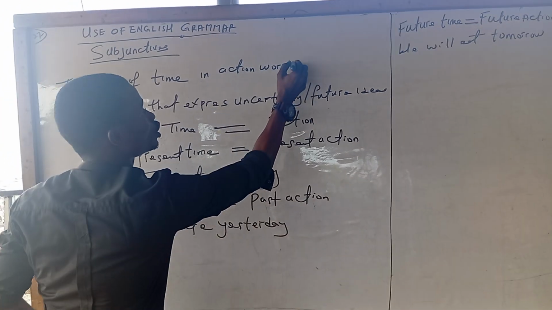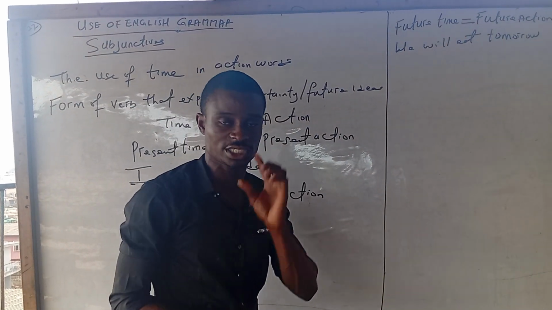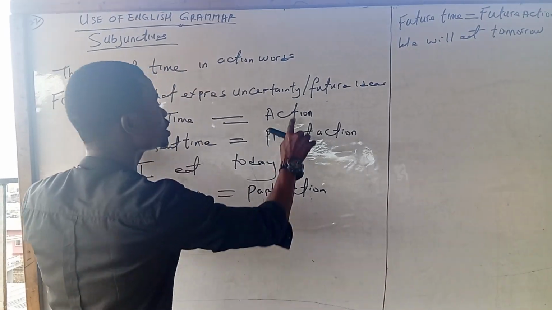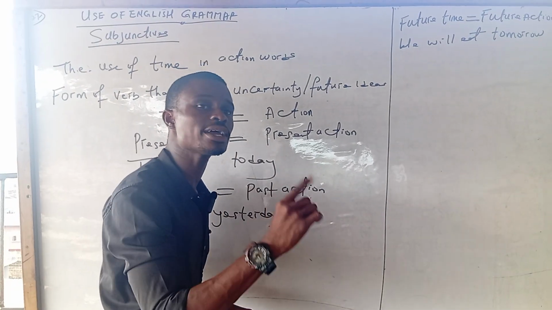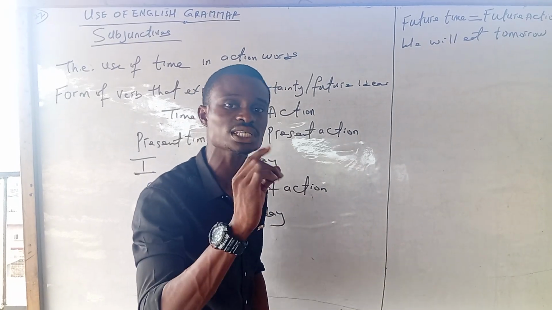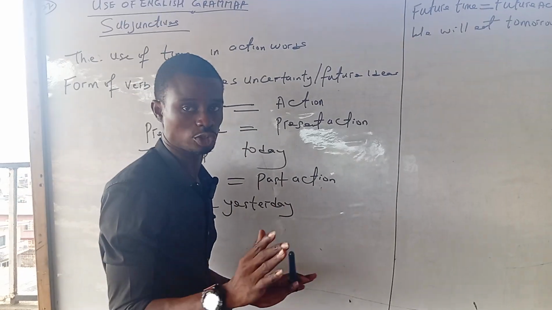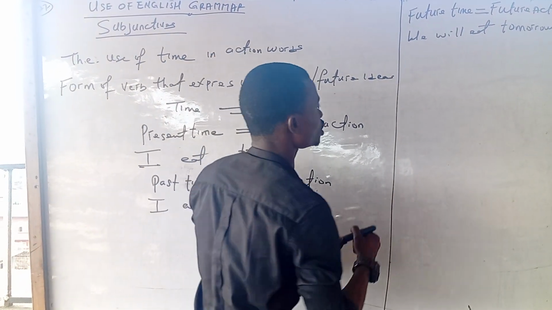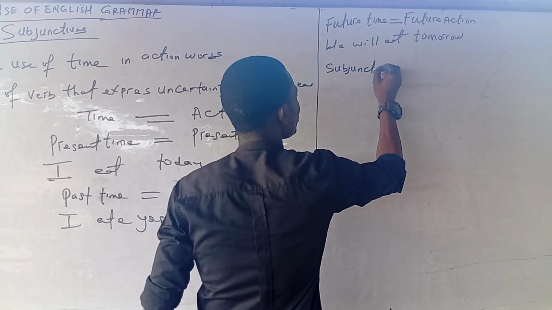Now, there are about 6 subjunctives that will change these laws. The moment you find any of those 6 subjunctives, it is important that you note that this law can no longer function. So what are these 6 subjunctives?